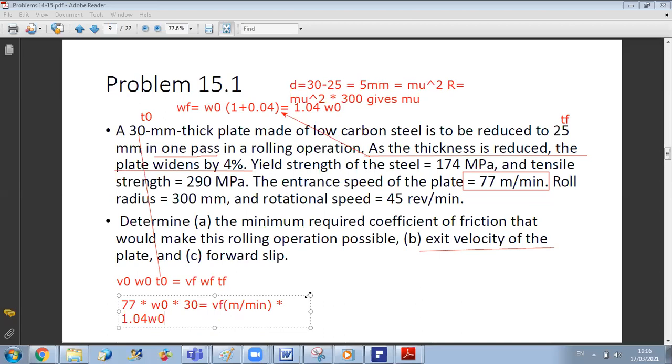And finally, T final will be replaced by 25. And always make sure to have the same units for thickness on both sides. So here it's 30 millimeter, here it's 25 millimeters.